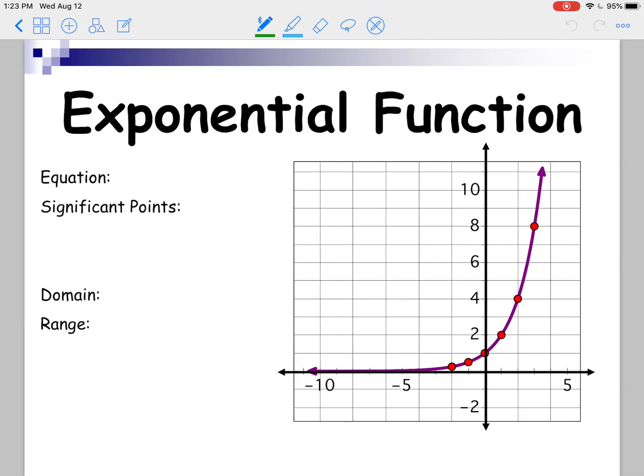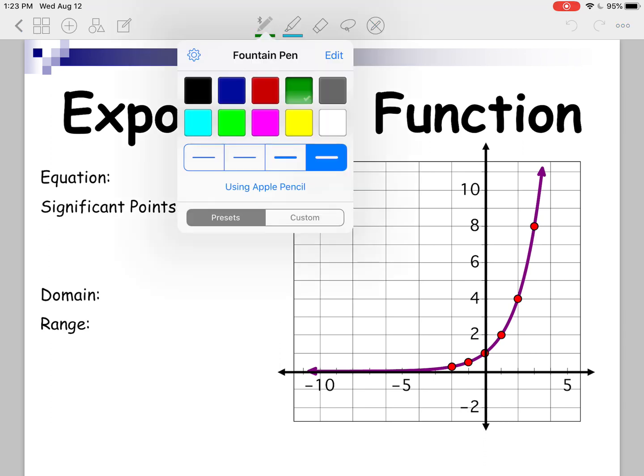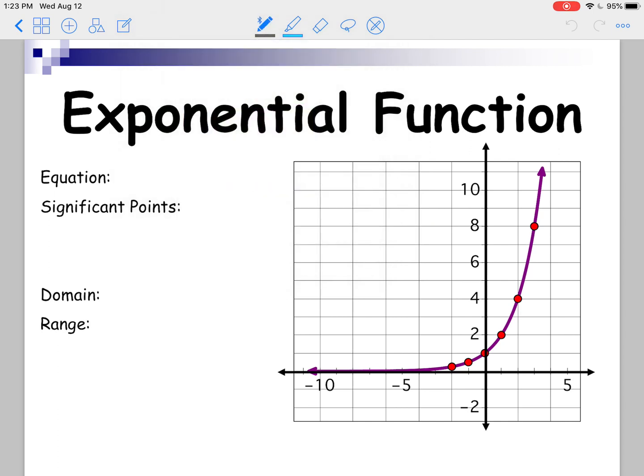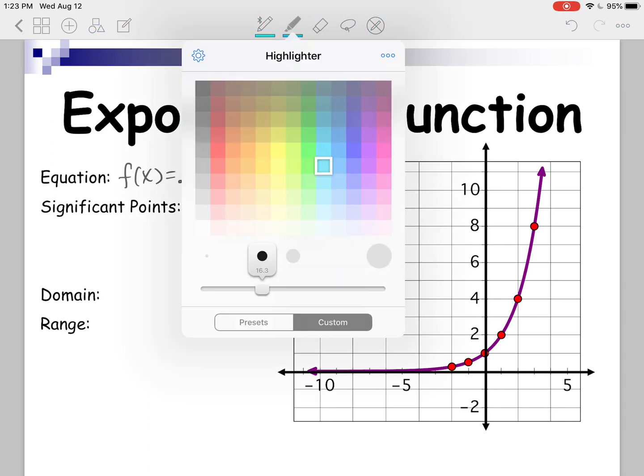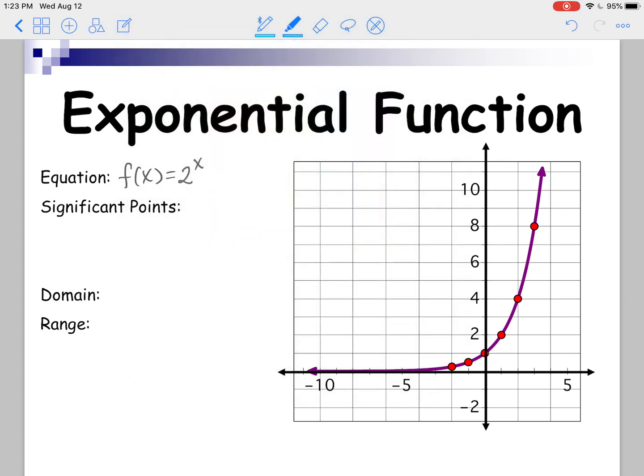This next function is going to be familiar from Algebra 1, the exponential function. We're going to look at several different exponential parent functions, but for now, this particular parent function is f of x equals 2 to the x power. And so this time, our variable, I'm going to highlight, is up in the exponent.